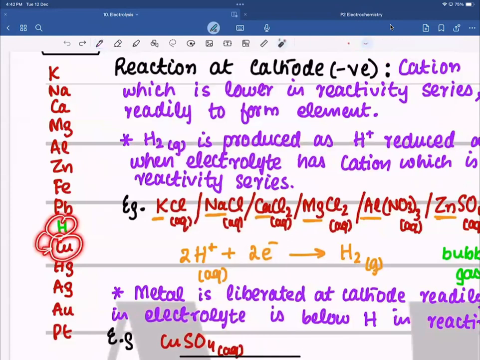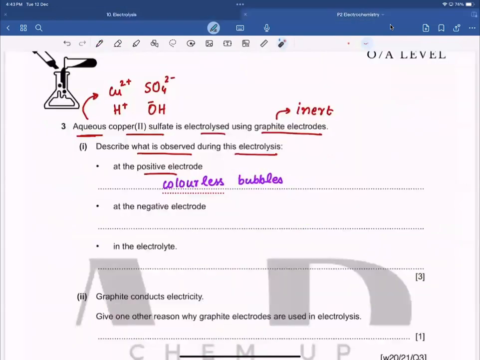So it means copper is going to reduce at the cathode. That's the rule for the cathode. If there are 2 ions, the ion which is lower in the reactivity series will always reduce at the cathode. The lower it is in the reactivity series, the less reactive it is, so it will quickly convert into the element. So copper is found.